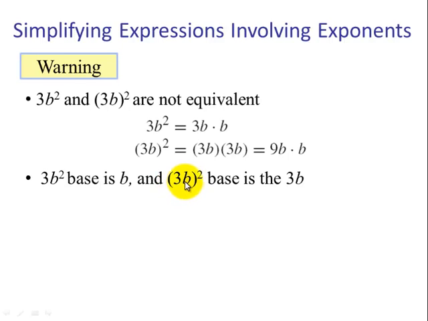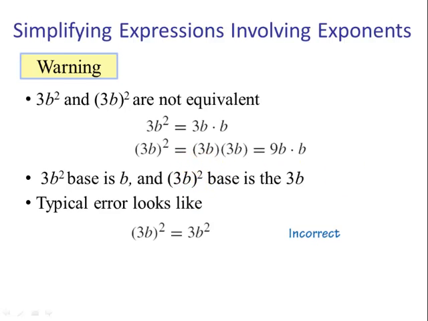So whatever's in parentheses will be our base, and then we multiply it by itself the number of times the exponent says. So a typical error looks like this: 3b quantity squared equals 3b squared. That is not correct. We have to distribute this power of 2 to both bases, the 3 and the b, which gives us 9b squared.